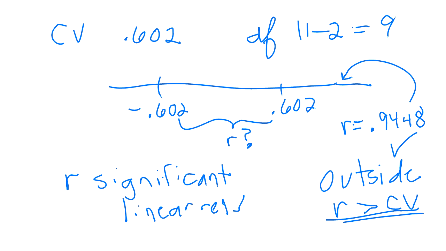The critical value is beyond which we reject the null hypothesis. You want to find out where the null is rejected, and that would be if it falls outside those critical values.